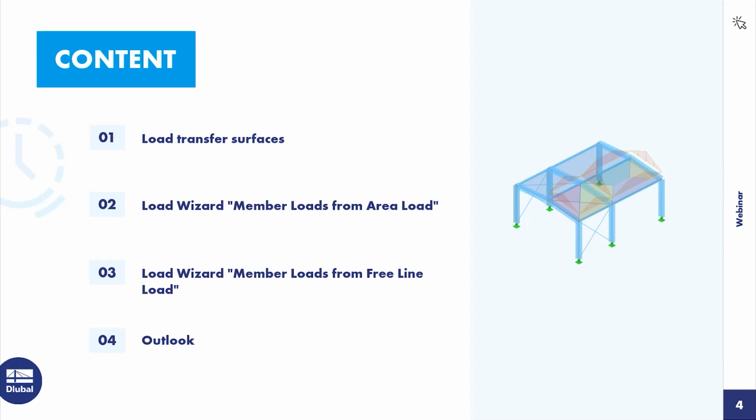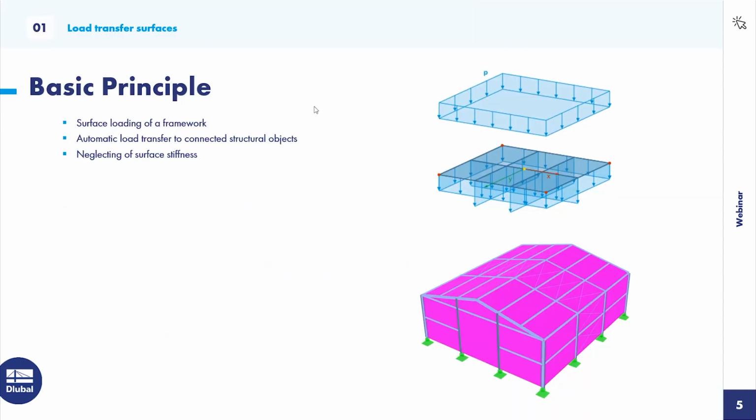Okay, with that, we can start with the first point, load transfer surfaces. Before we switch to RFEM 6, I have prepared one little page because I would like to give a small overview about the basic principle of load transfer and what is meant by that. So in many cases, you will model a construction, like for example the steel hall, as a framework, because it could be possible that you don't know many things about the walls.